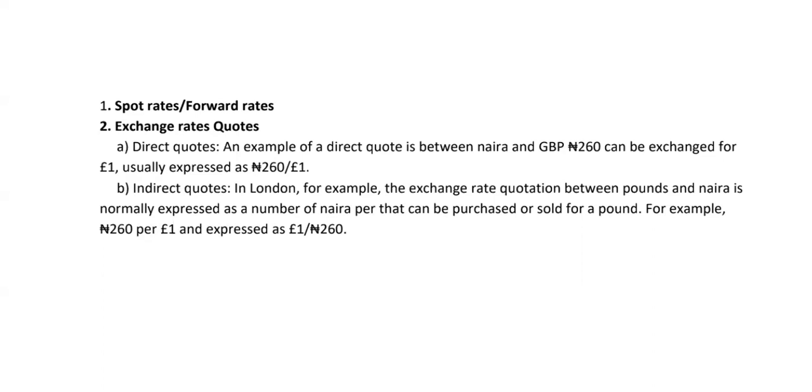Indirect quotes in Nigeria will now be the reciprocal of what? The reciprocal of 260 stroke 1 pound. It will now become 1 pound stroke 260. That is 1 naira can be exchanged for 1 over 260.